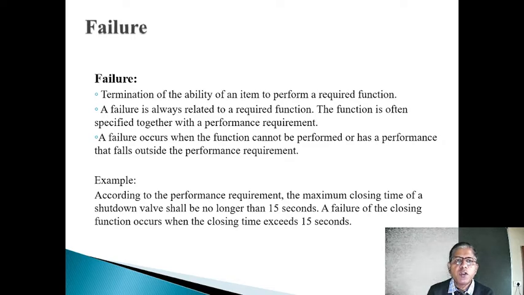That means if you supply electrical voltage to the valve, it should close within 15 seconds. But if the valve takes more than 15 seconds to close, then we can say that there is a failure.